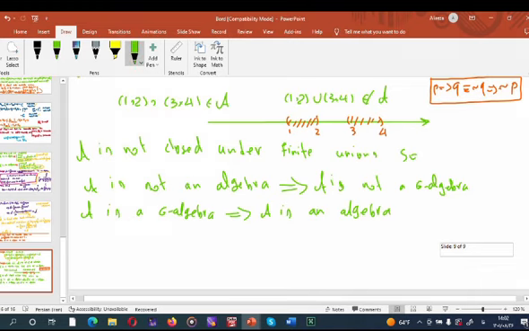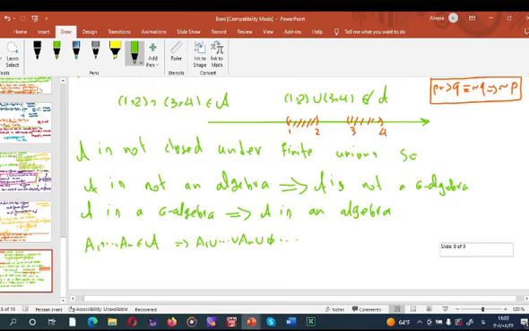Consider any finite collection of elements in A, then this finite union equals a countable union.